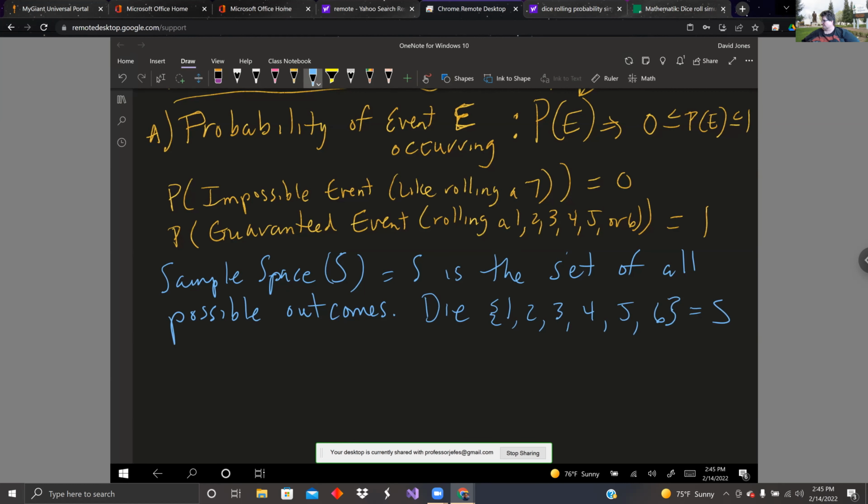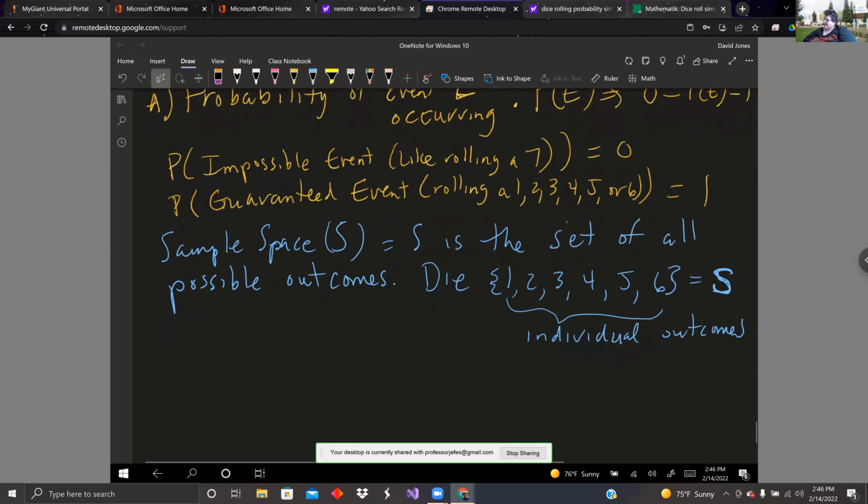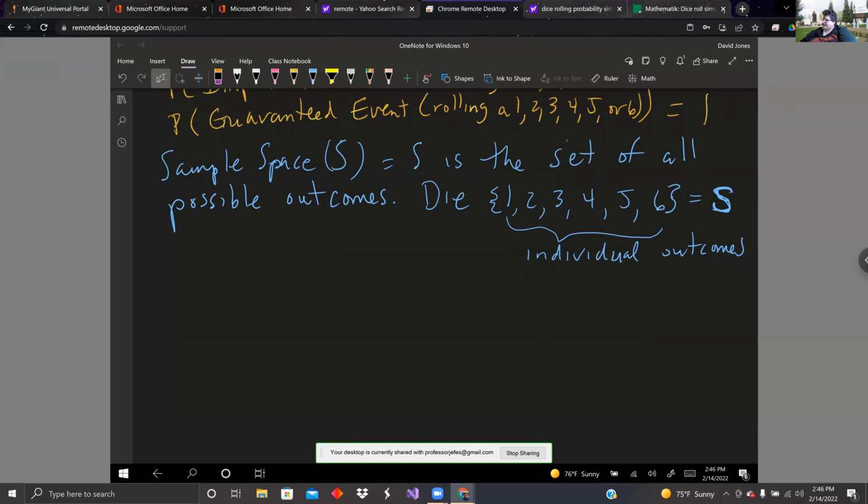That's S. So it's just all the possible outcomes, and it has to list them all. These are the individual outcomes. And events are a collection of one or more outcomes.